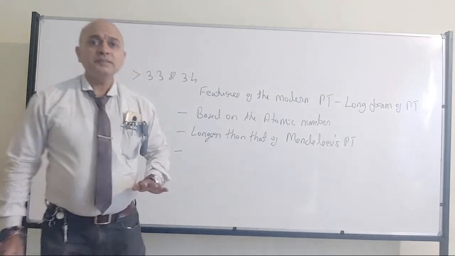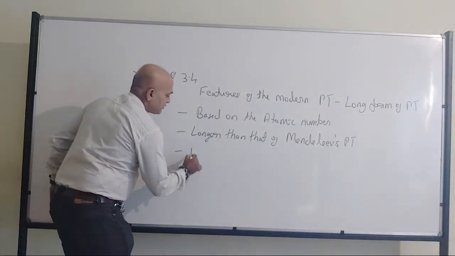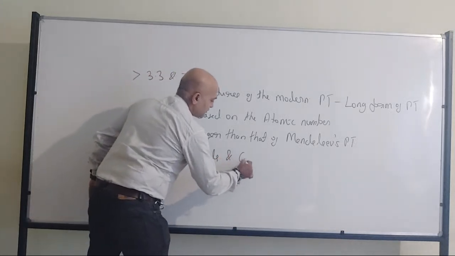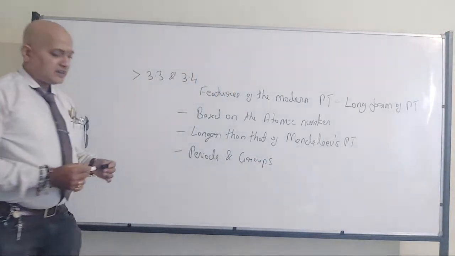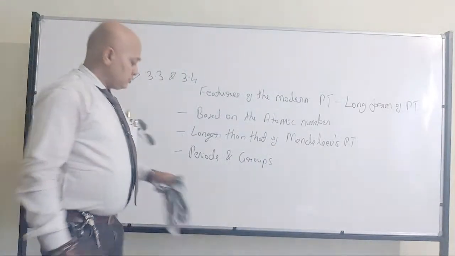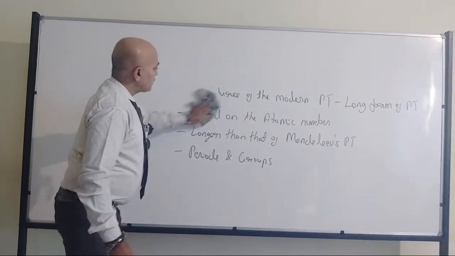Whether I am clear? Fine. Then we discussed that the periodic table has majorly two components: one is the period and another one is the group.